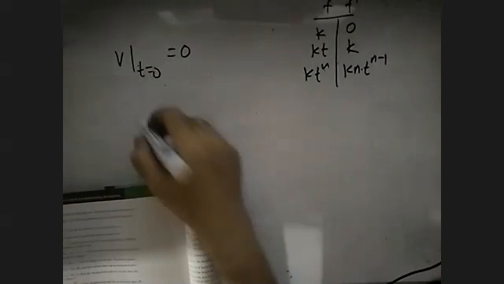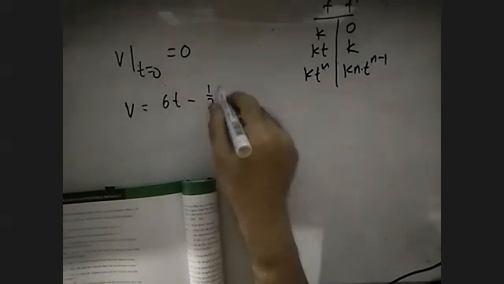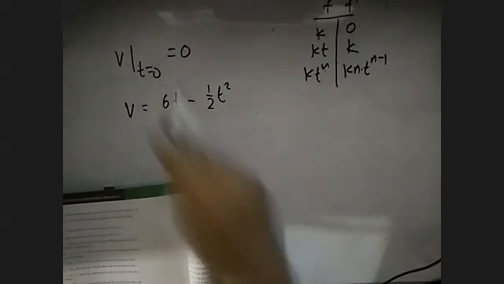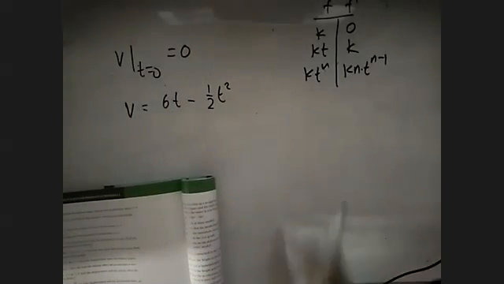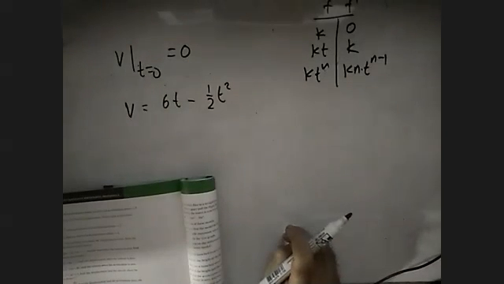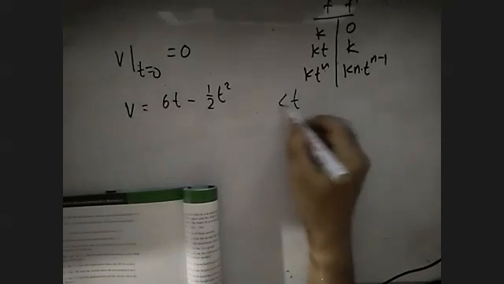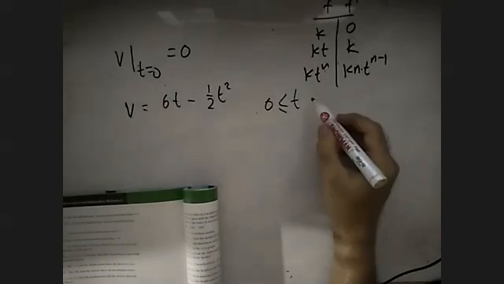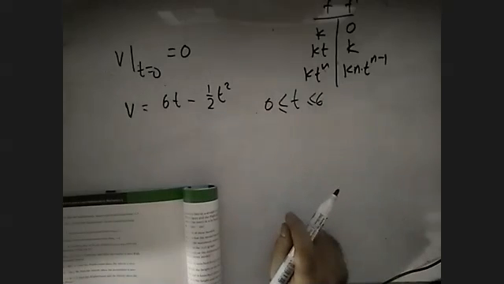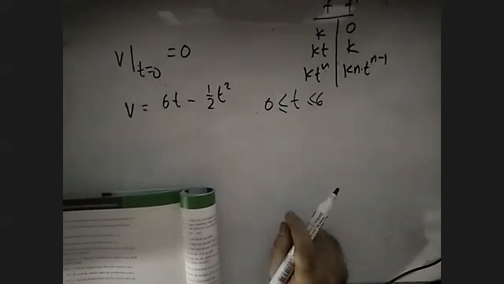They say that the formula for v is 6t minus half t squared. Of course, when t equals 0, when you put them, that becomes 0. It's just some additional information, not exactly important. Now, this formula is valid for values of t between 0 and 6. The question: find the velocity of the car 6 seconds after starting.